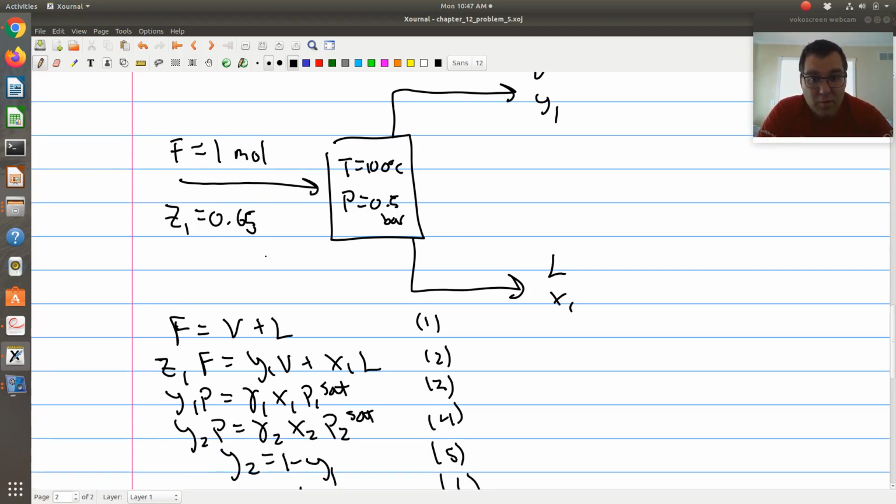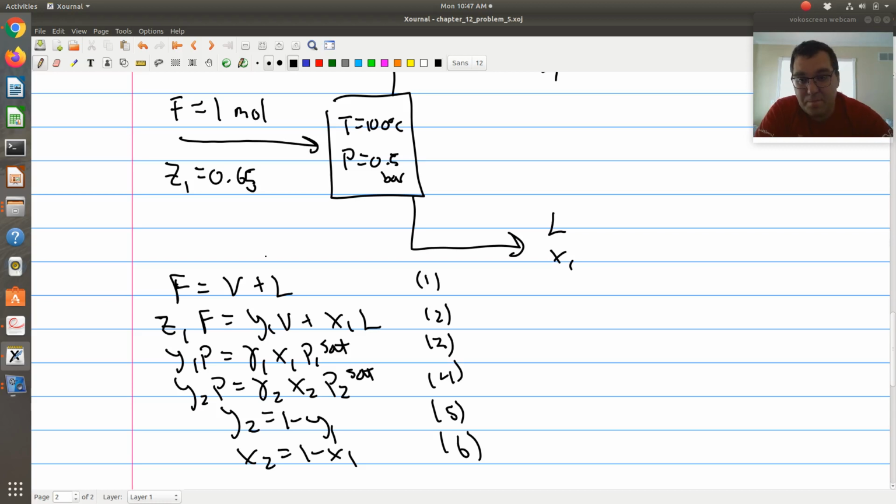So if I take inventory of what we have, okay? If I look at equation 1, actually let me change the colors as I check. We have F; V and L we don't know, we're trying to solve for them. Equation 2, I have Z1 and F. I don't know V and L, nor do I know Y1 and X1.